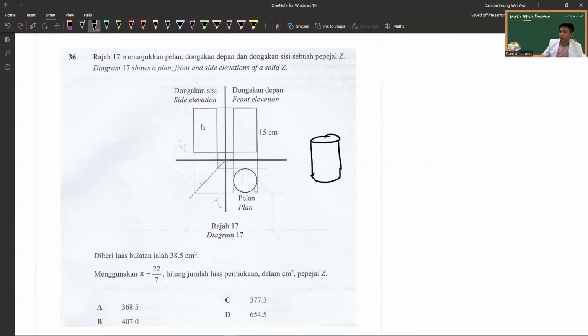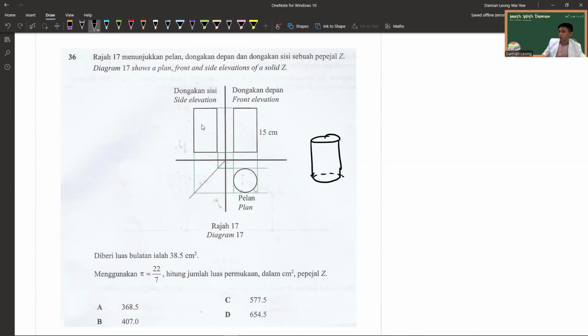So what I want is just the total surface area. I'm given the area of the circle is 38.5 cm squared. So I want the area of the whole surface.